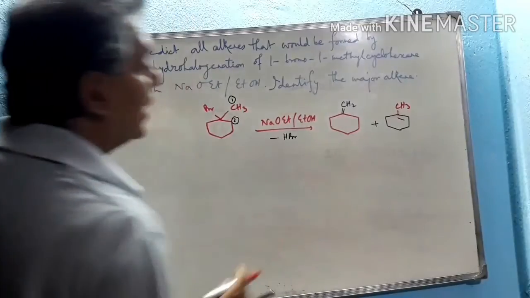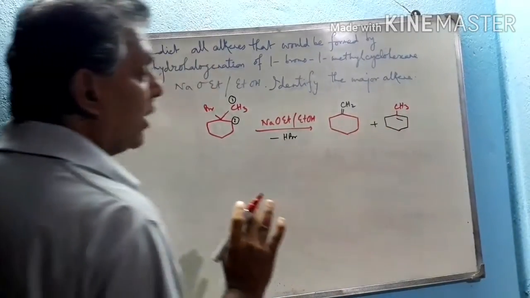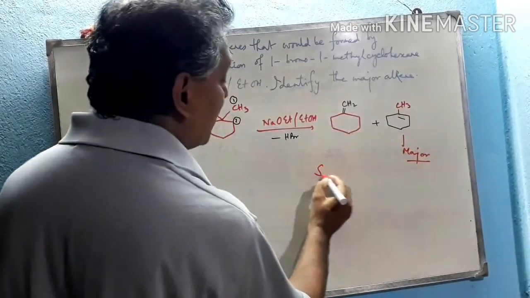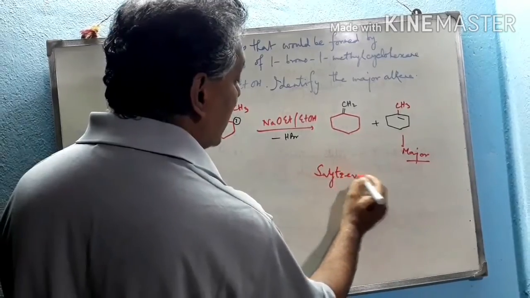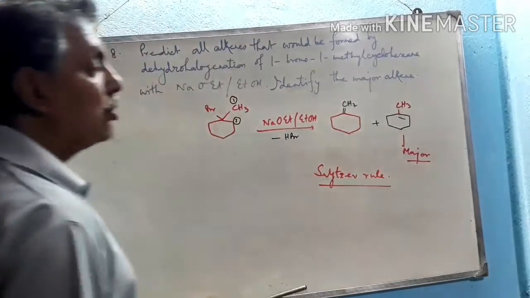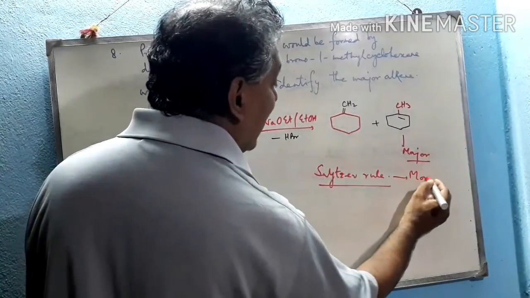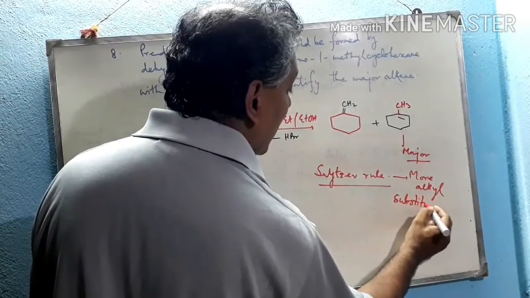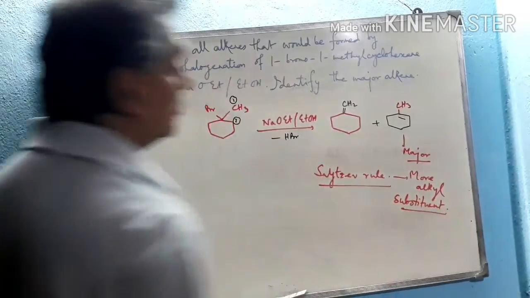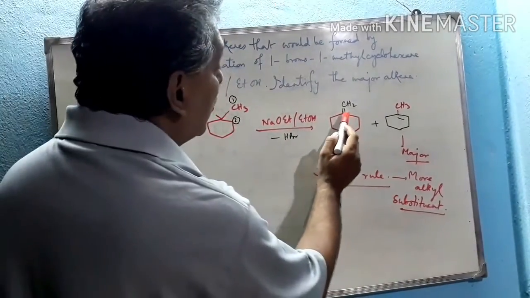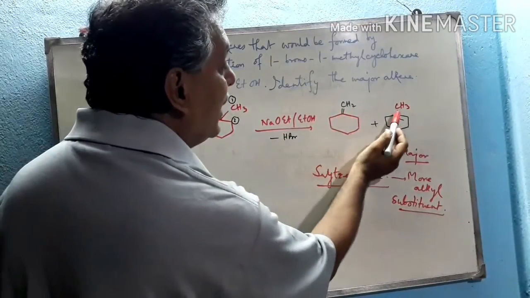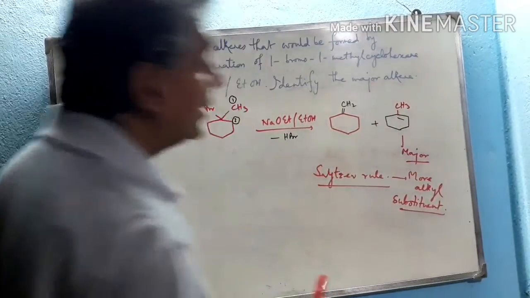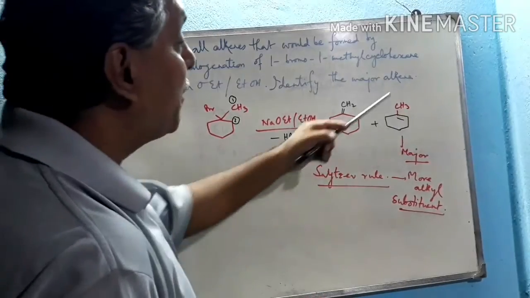Now, among these two structures, which one is the major product? This compound is the major product. Why? According to Saytzeff's rule, that alkene will be major which has more alkyl substituents. Here the double bond contains only 2 alkyl groups, while here the double bond contains 3 alkyl groups. That means an extra alkyl group enjoys hyperconjugation stability due to the presence of CH3.